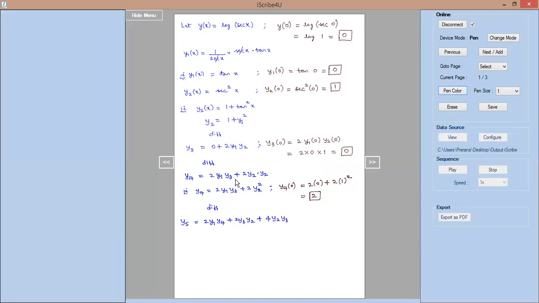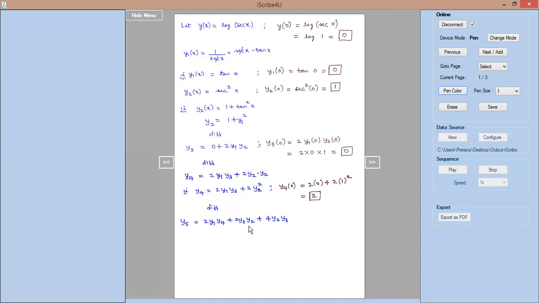It is using the chain rule concept. It is similar to an expression like 2x square. Differentiation of 2x square is 4x. So 2y2 square differentiation will be 4y2 into the chain rule concept, so differentiation of y2, which is y3, should be written.